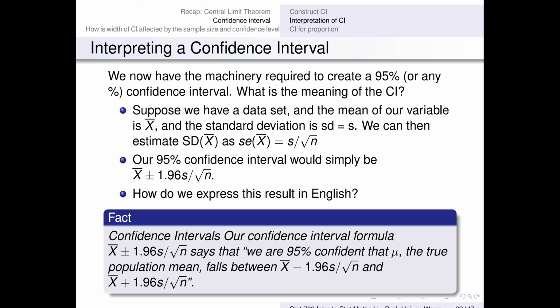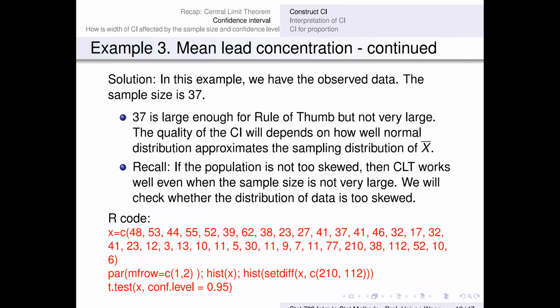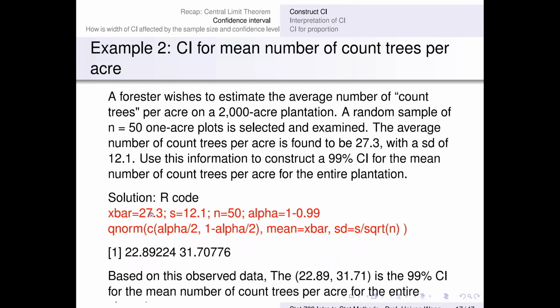But what if we have the data already collected and we computed the sample mean? For example, in the earlier example, the X bar was given to be 27.3. If you already have 27.3 and this interval already computed, 22.8 to 31.7, do we still have the probability in there?